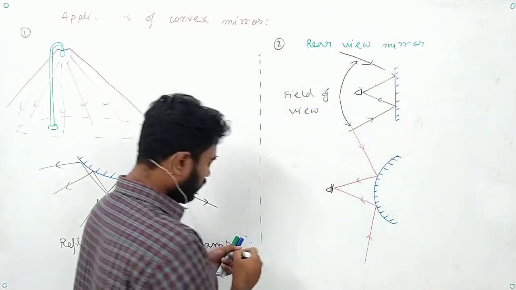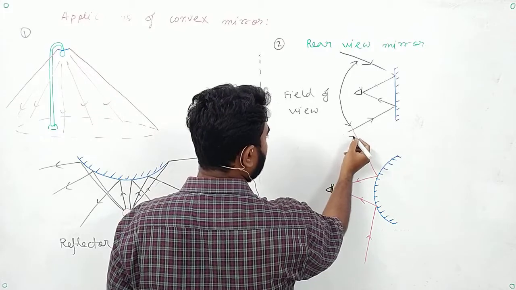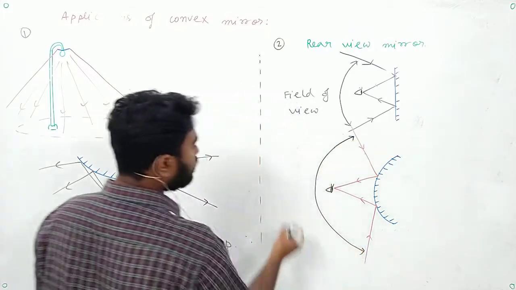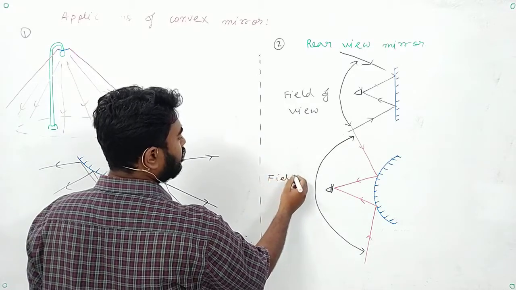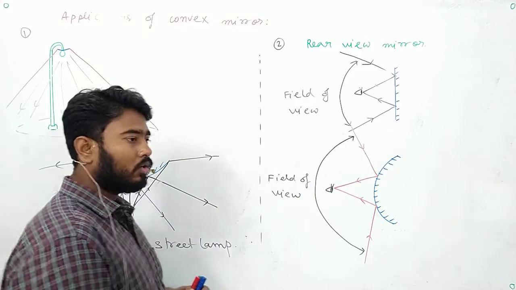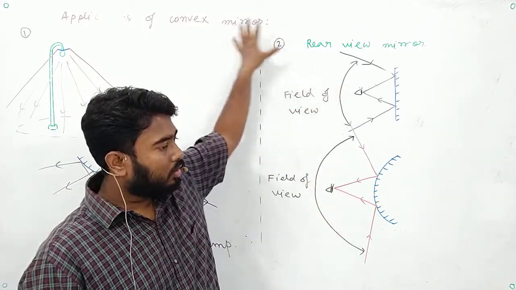What does that mean? It means this one will cover a larger field of view, and a larger field of view means we can see more things behind.